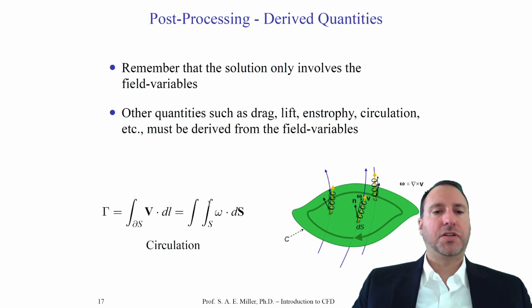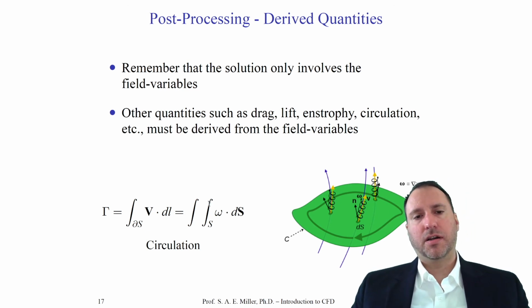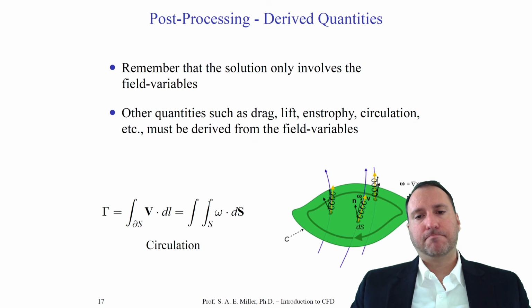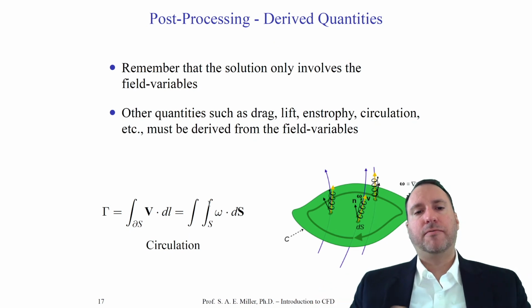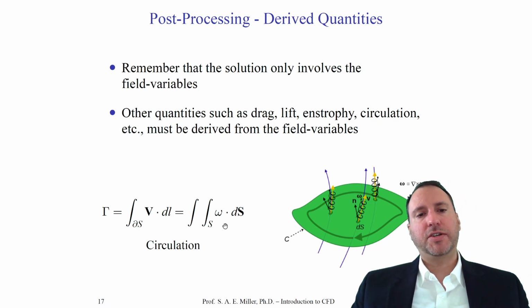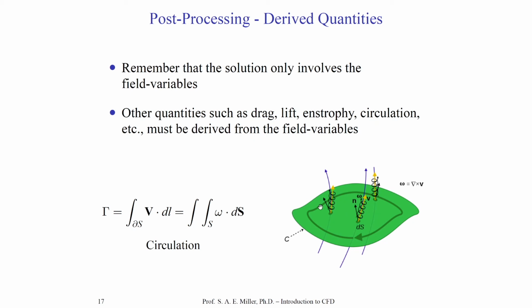So circulation is an integration in space, or on some surface, or on a line, depending on how you define it, of vorticity. Here in the lower left, I give an example of a circulation calculation where I'm calculating the circulation on some plane.